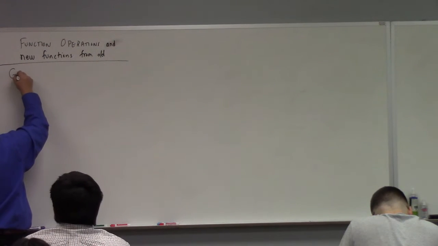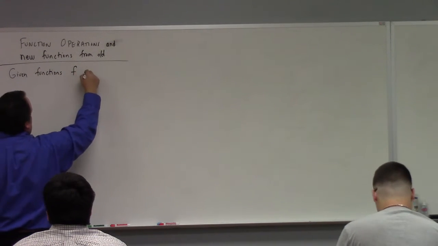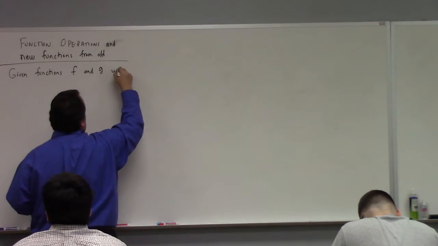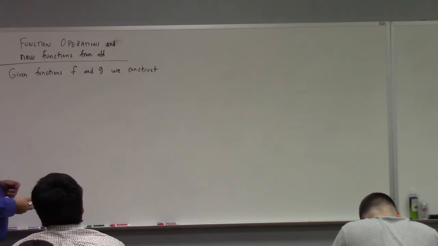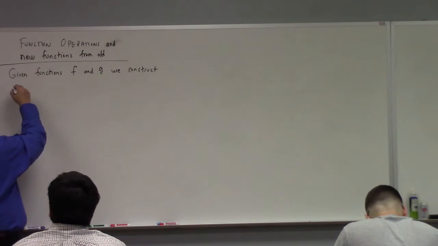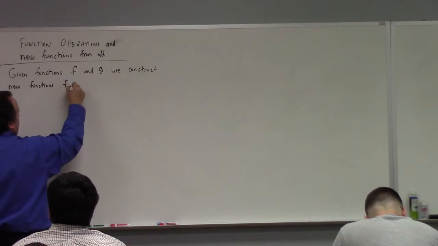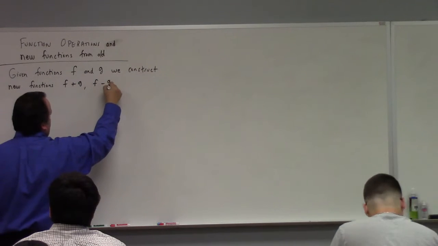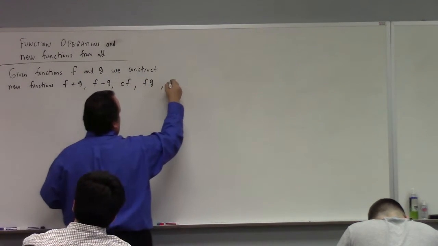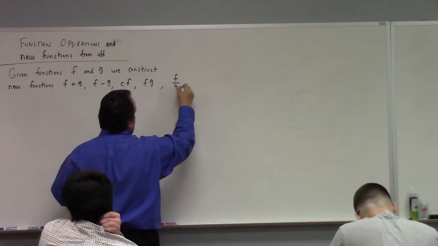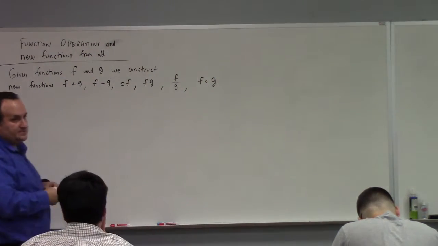Given functions f and g, we construct, or if you like, build, create, define, new functions: f plus g, f minus g, a constant times a function, a product of f and g, a quotient of f by g, and finally f composed with g. These are all new functions we can build.